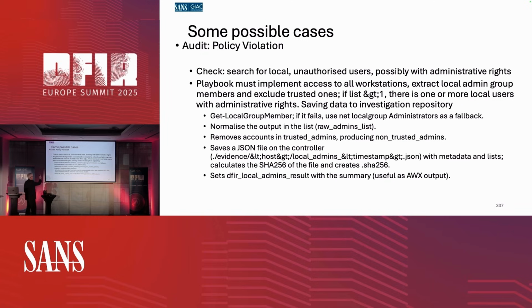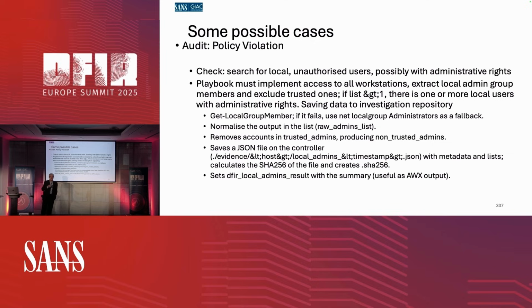Get local group member. If it fails, use net localgroup administrators as a fallback. Normalize the output in a list, the raw admin list, remove the accounts in trusted admins, producing non-trusted admins, save as a JSON on the computer, calculate the hash, and set the DFIR admin result in the summary.